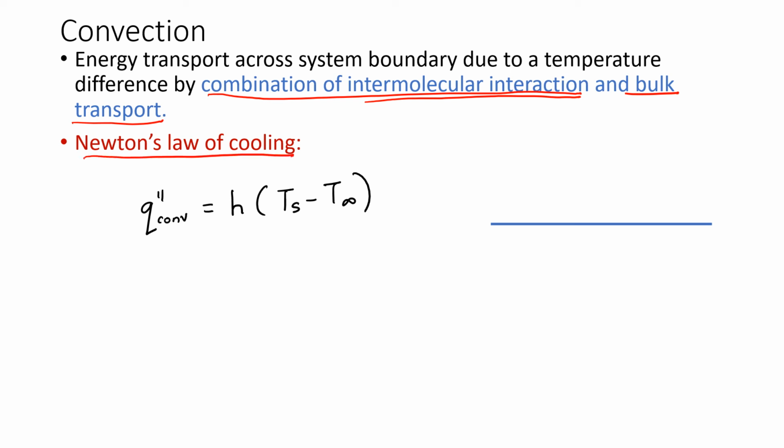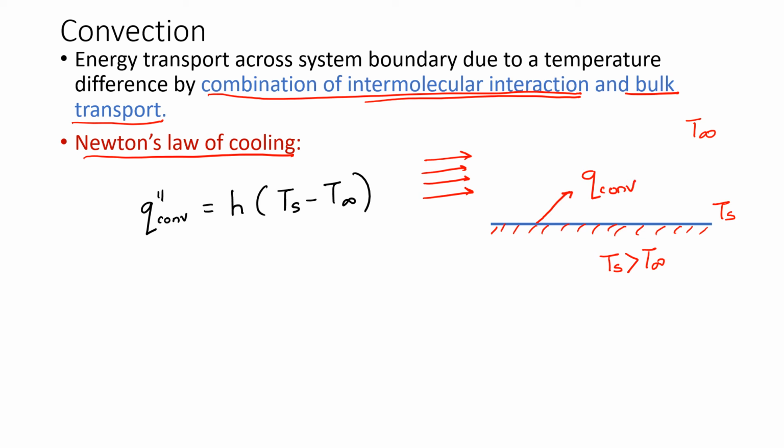Now, let's take an example of a hot plate. So let's say you have a hot plate which is at a temperature of Ts, and the air surrounding it is at a temperature of T infinity, and you have air blowing over it in this direction. As Ts is greater than T infinity, there will be heat being transferred from the plate to the surrounding.